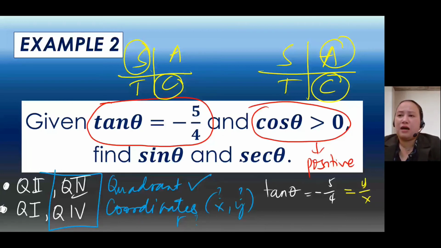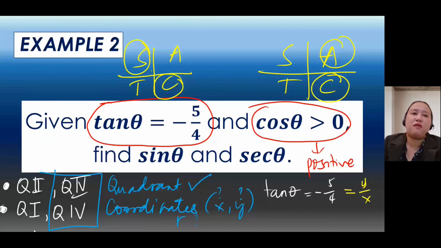Since y and x can be either positive or negative, both can be positive, both can be negative, or one is positive and one is negative. So we do not know yet if x equals -4 or y equals -5. What are we going to do if we cannot tell? Let us go back to the quadrant.